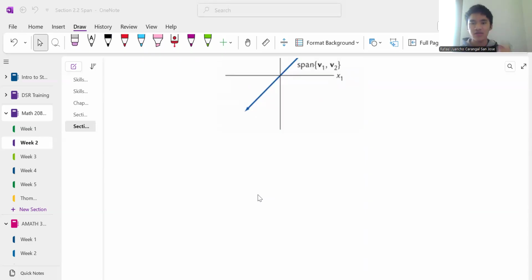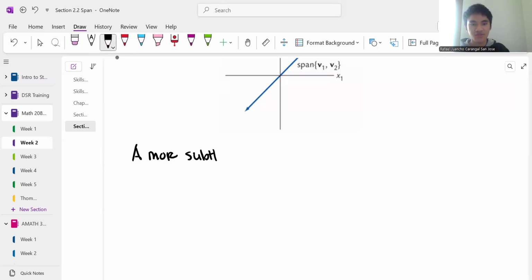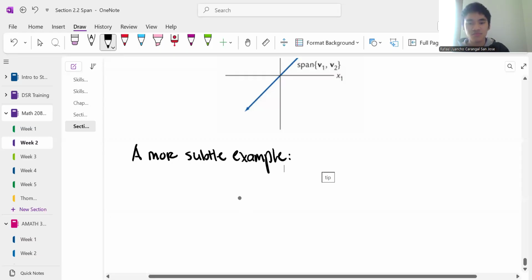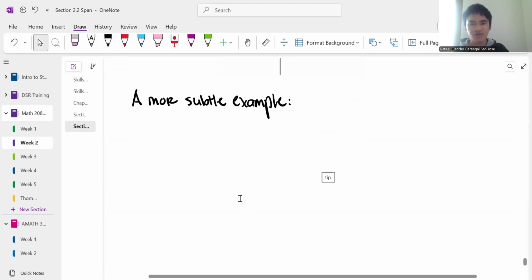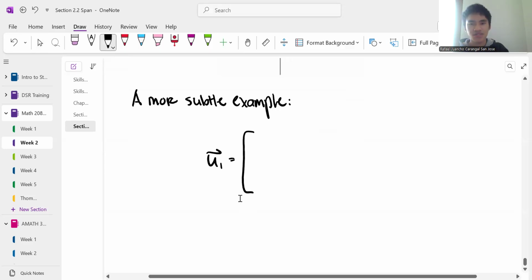Okay, here's a more interesting example, right? So a more subtle example. So this one's not super obvious, because the first one is obvious. So here we have 3 vectors. We have u sub 1, which has components 2, 1, 1.